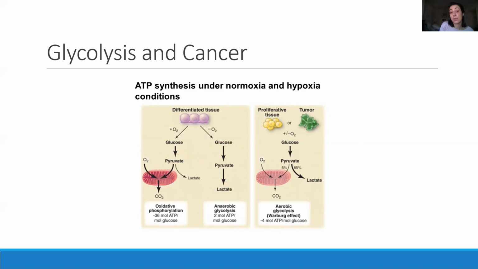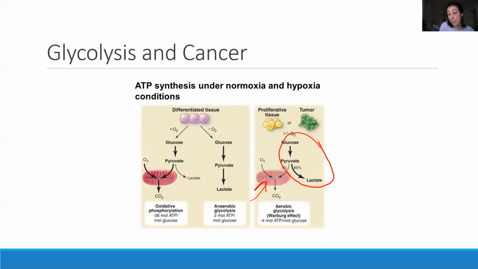Tumors, in contrast, only utilize generally this pathway in which we are forming lactate. A very small percent of these cells are actually doing the aerobic glycolysis, in which they are making that energy through the citric acid cycle.